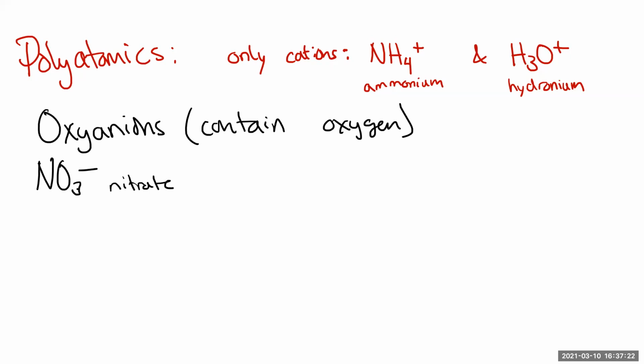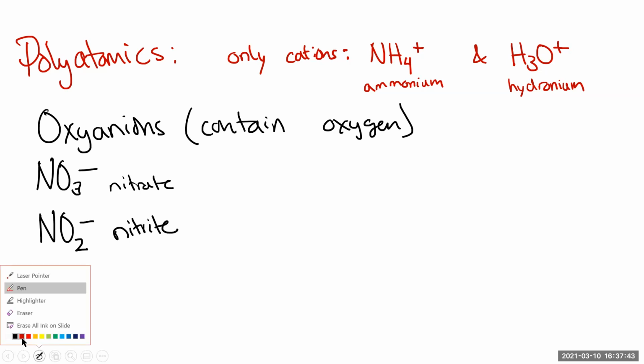And if you're like me and you recently started an aquarium, you're aware of nitrate being the second thing that bacteria break down from your ammonia. The first thing they break down ammonia into is NO2 minus, your nitrite. As you can see, those are your nitrogen oxyanions.